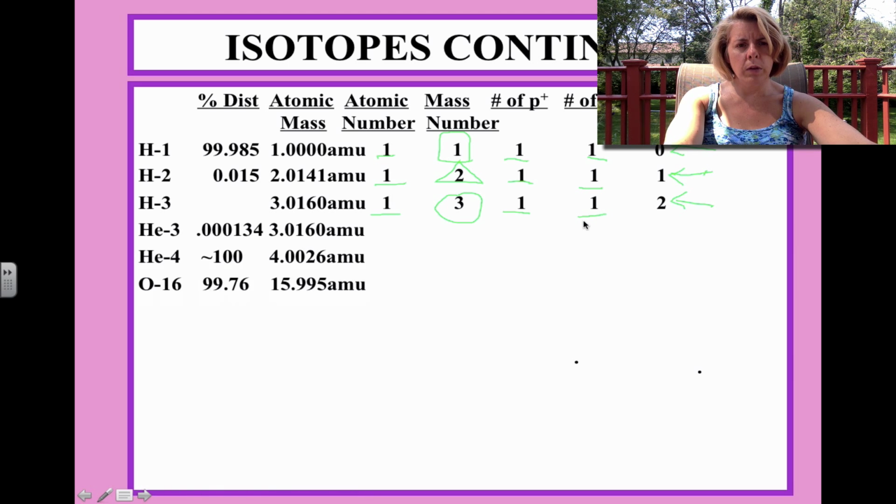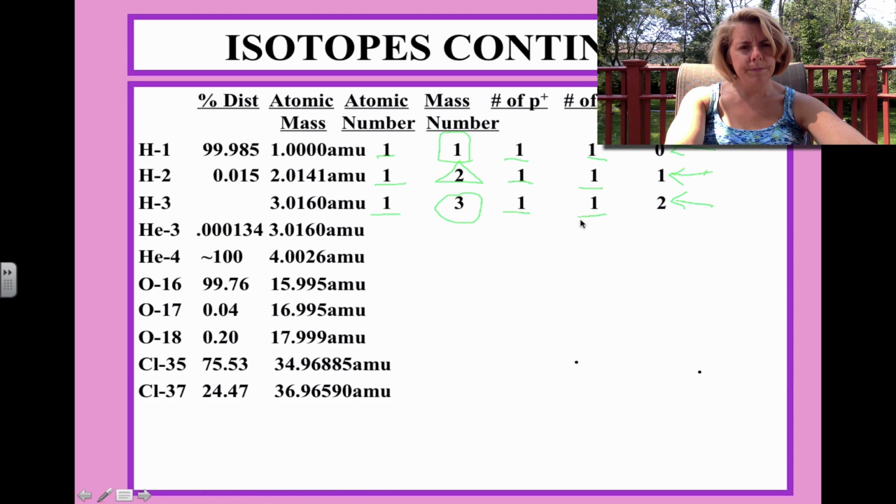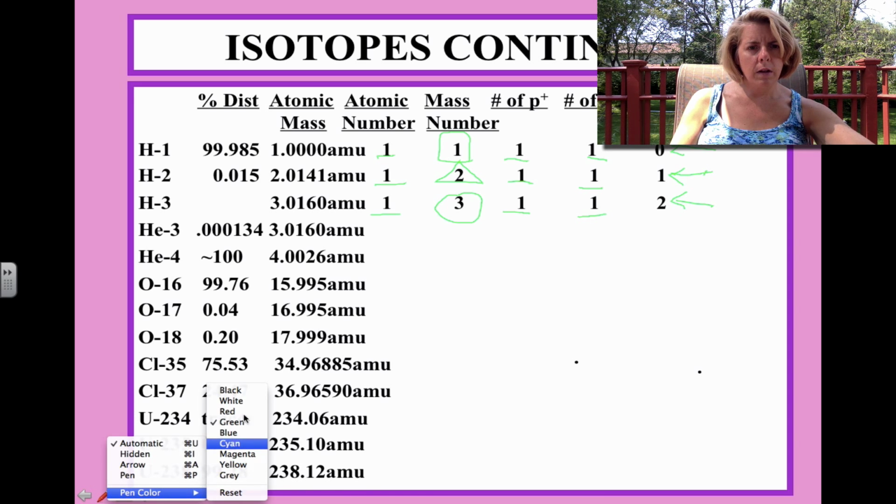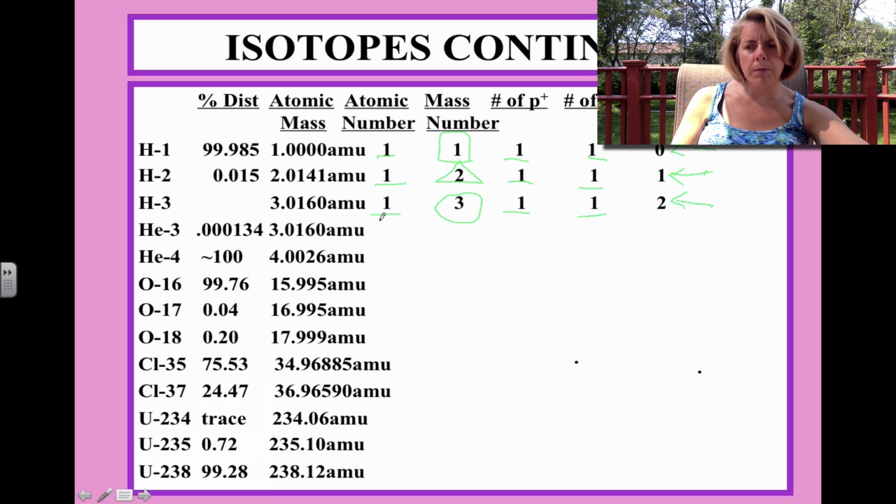We go to the next series of elements. I'm going to do helium and oxygen, and I'll let you do the others. Okay, so the atomic number for helium we know is 2.